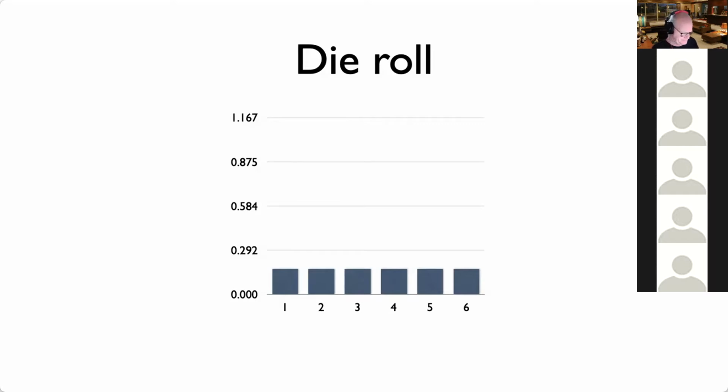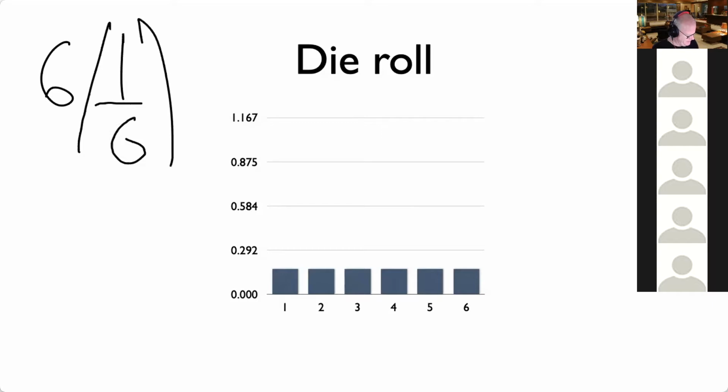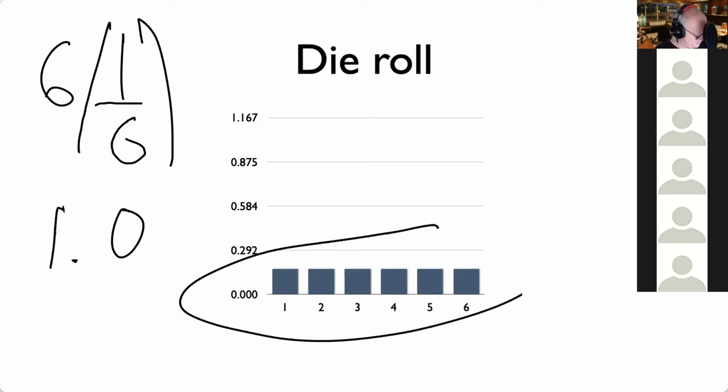There are 6 possible rolls. We multiply that times 1 over 6. We get 1. So what I'm saying is, if we were to think about this thing as a curve, the area under all of those bars added up together is 1. Okay?